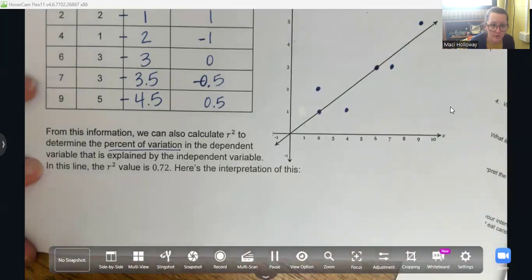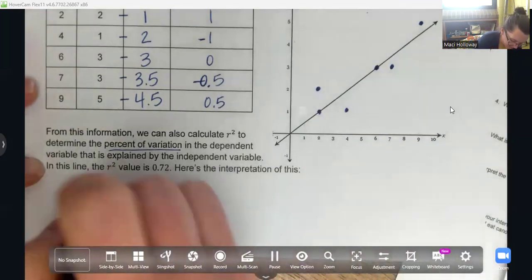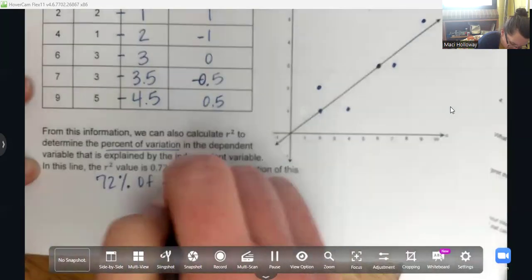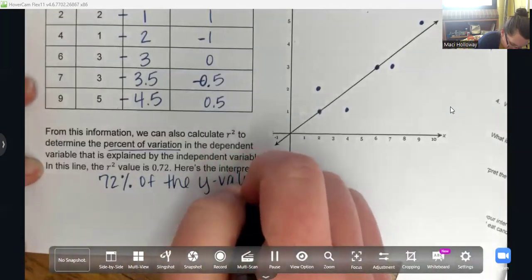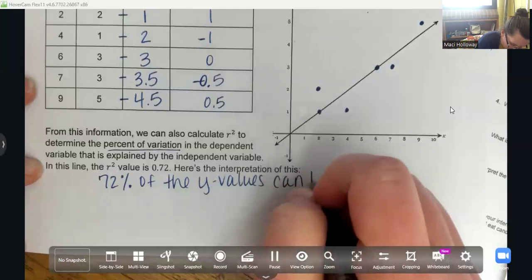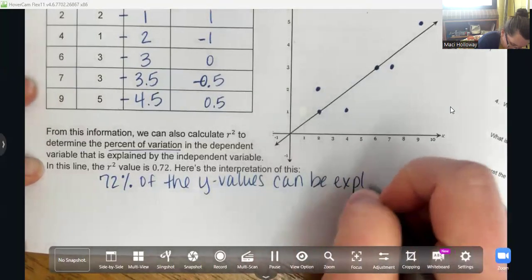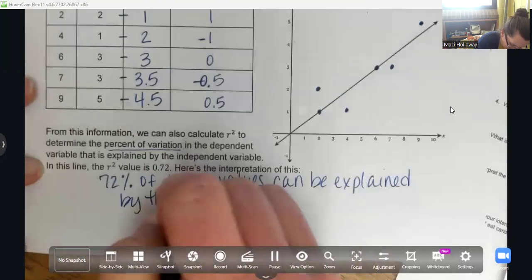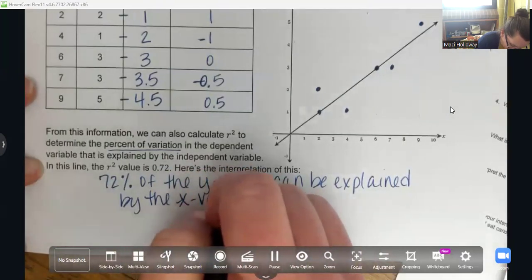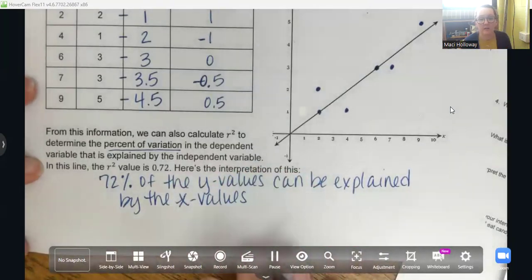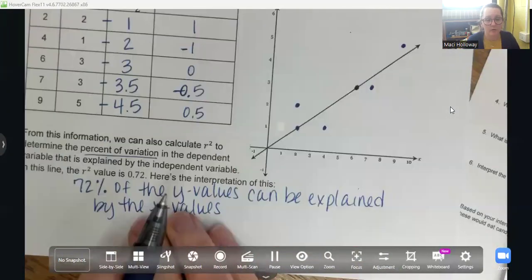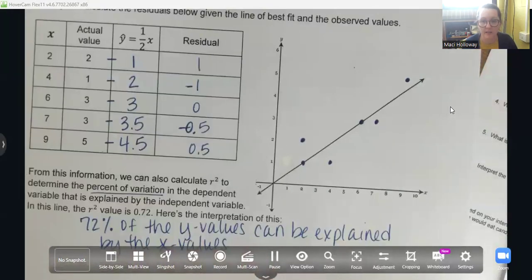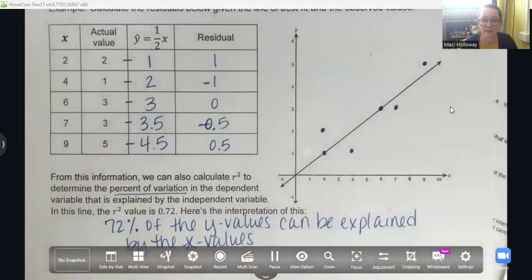So if our R squared value is 72, that means that 72% of the Y values can be explained by the X values. So we're going to go over more of this in class together, but hopefully that gets you understanding slope and y-intercept, and we'll be able to practice it together.